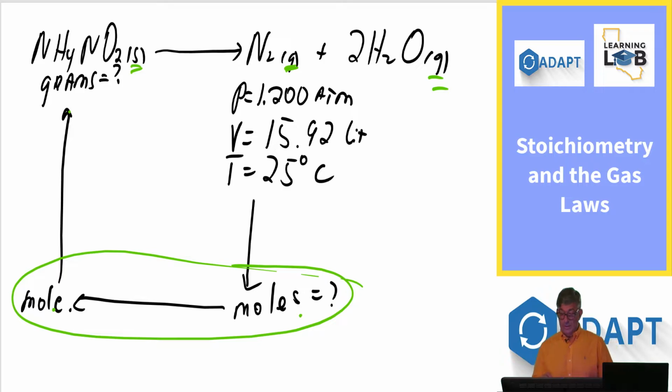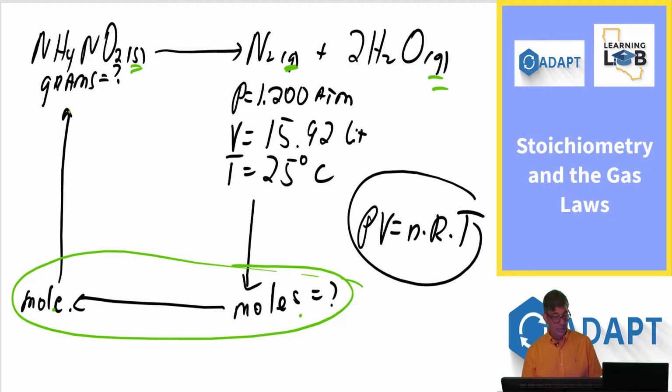Nitrogen is a gas, and so when it comes to determining its moles, we use the gas law, PV equals nRT. From that, we're going to identify n, which is the moles of nitrogen. So let's do that, and we can come back here and complete this.